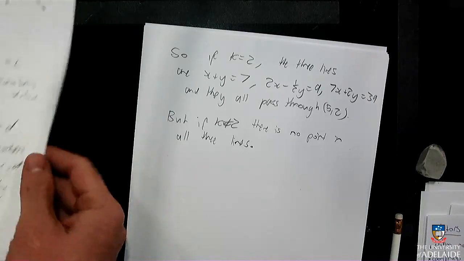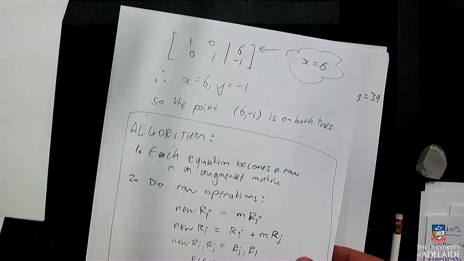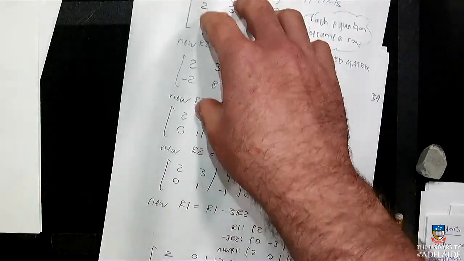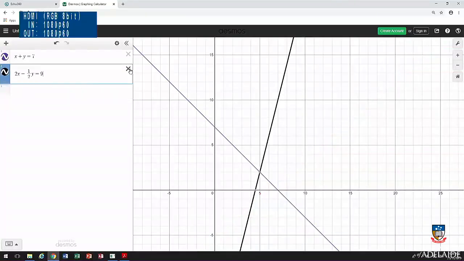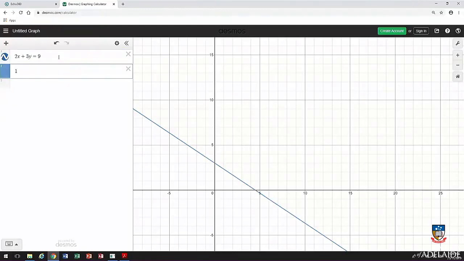Actually, I do want to make one more point about moving lines around. See this thing back here, this version here. At every stage in this process, I had a different pair of lines than the ones I started with. Let me show you. So I started with 2x plus 3y equals 9, and 1x minus 4y equals 10.